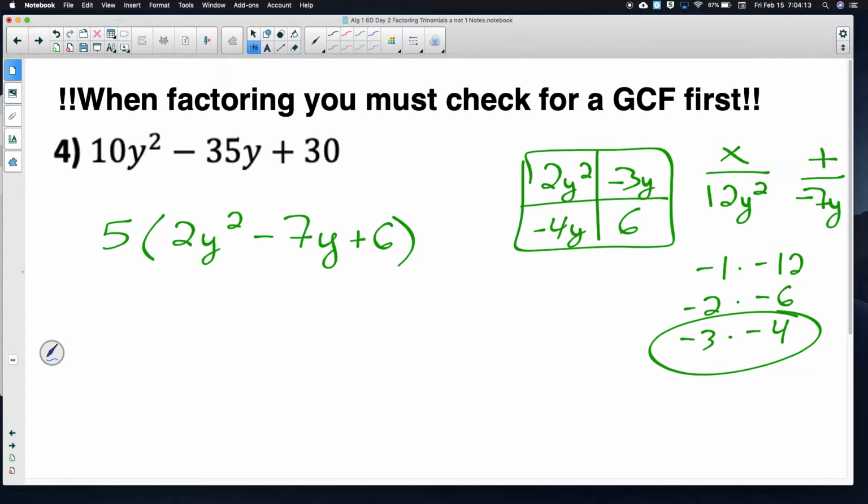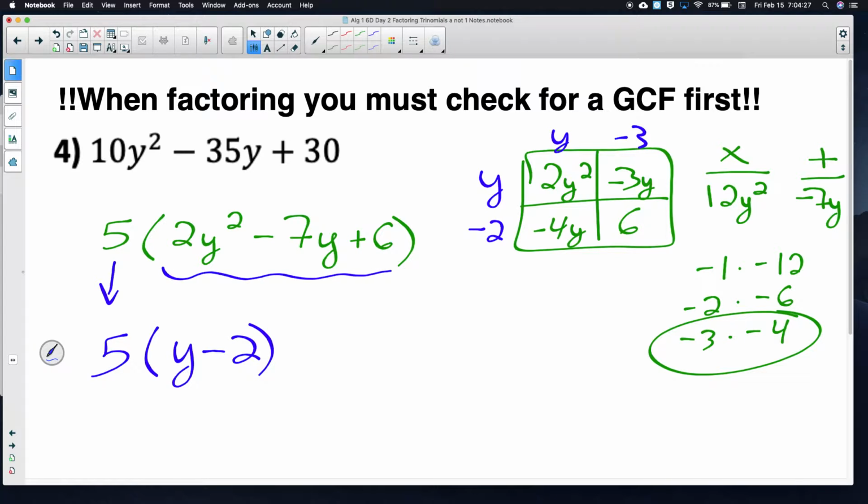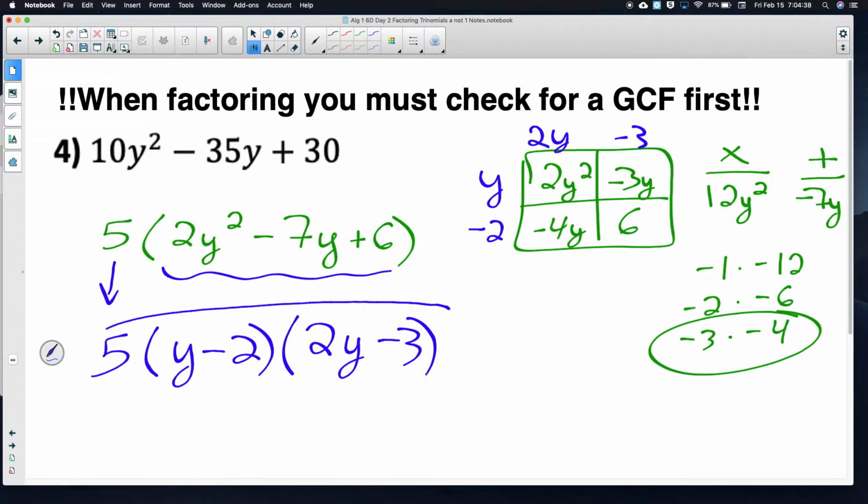So I've got a y there, a negative 2 there, a y there, and a negative 3 there. So my greatest common factor comes along for the ride, and my remaining factor 2y squared minus 7y plus 6 factors into y minus 2. Oh, sorry, it should be a 2y. y minus 2 and 2y minus 3.